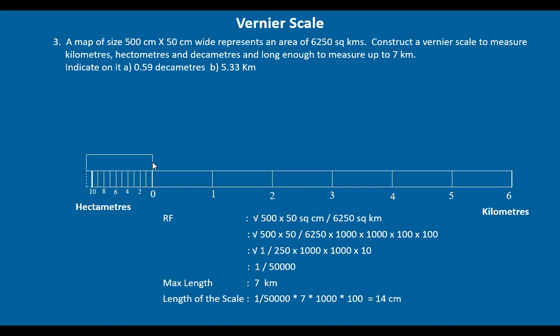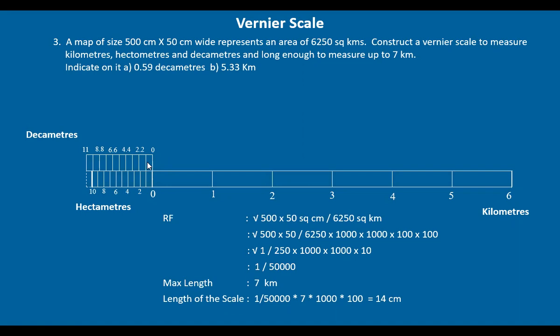This 11 hectometers is divided into 10 equal parts like this. Because there are 10 divisions, 11 by 10 means 1.1 hectometer. Okay, mark it: 1.1, 2.2, 3.3, 4.4, like this, up to 11.